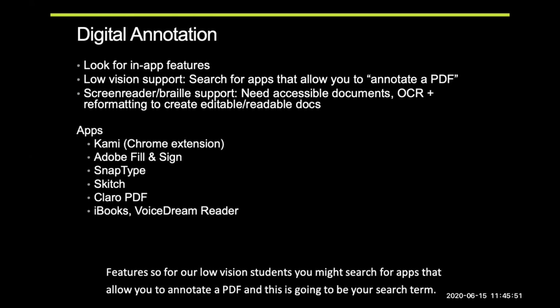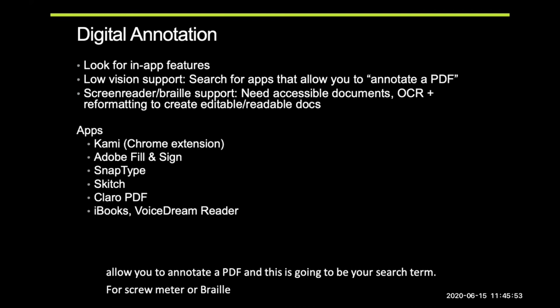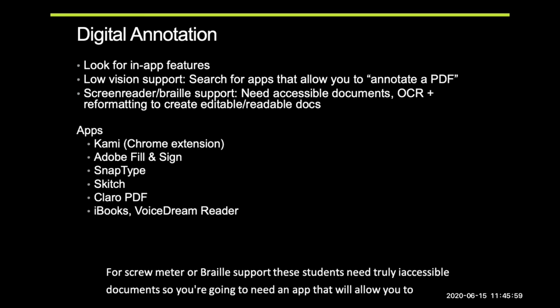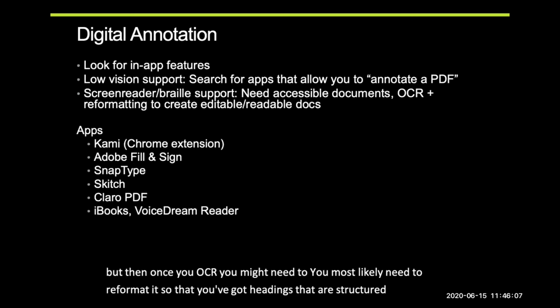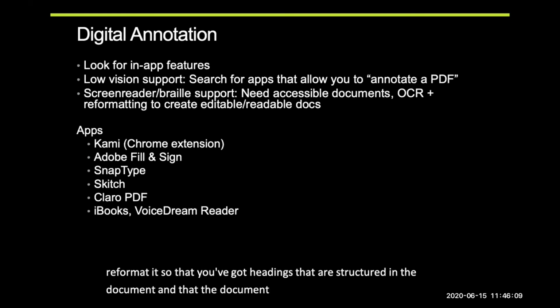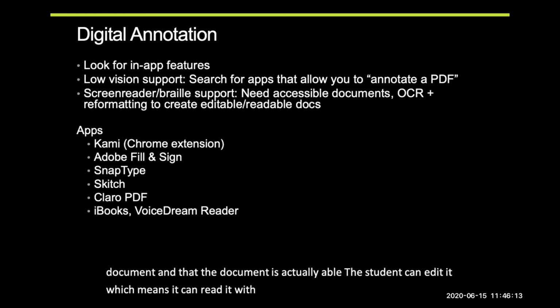For screen reader or Braille support, these students need truly accessible documents. So you're going to need an app that will allow you to do OCR, but then once you OCR, you most likely need to reformat it so that you've got headings structured in the document, and the document is actually editable, which means they can read it with a screen reader, okay?